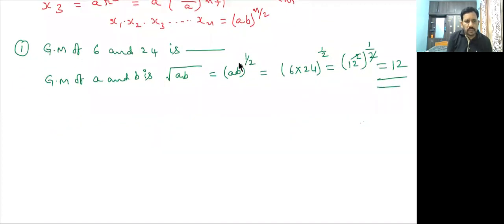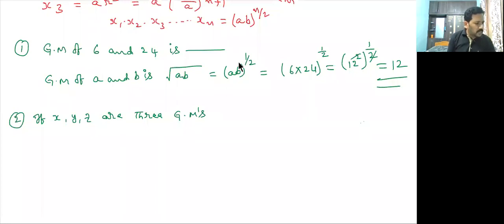Next I am going to the second question. If x comma y comma z are three geometric means between 6 comma 54, then z is equal to, that means third geometric mean they want.